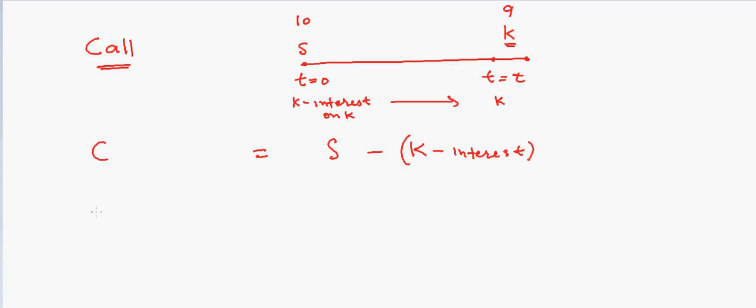But also remember that a call is an option, it's not a liability on you, right? So you have the option whether to buy the stock or not to buy the stock. You are not forced to buy the stock. So a call also has an inherent insurance in it: if the stock price decreases, then you don't have to buy the stock.